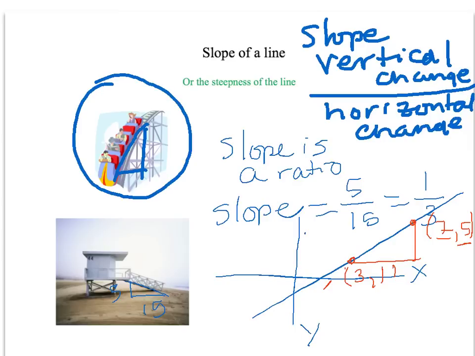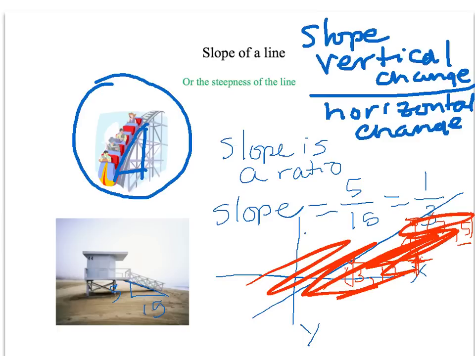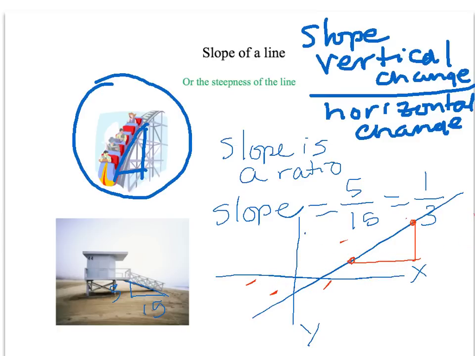So going from 7 to 3, my vertical change is 4. Skip it. That was all wrong. Let me erase this.